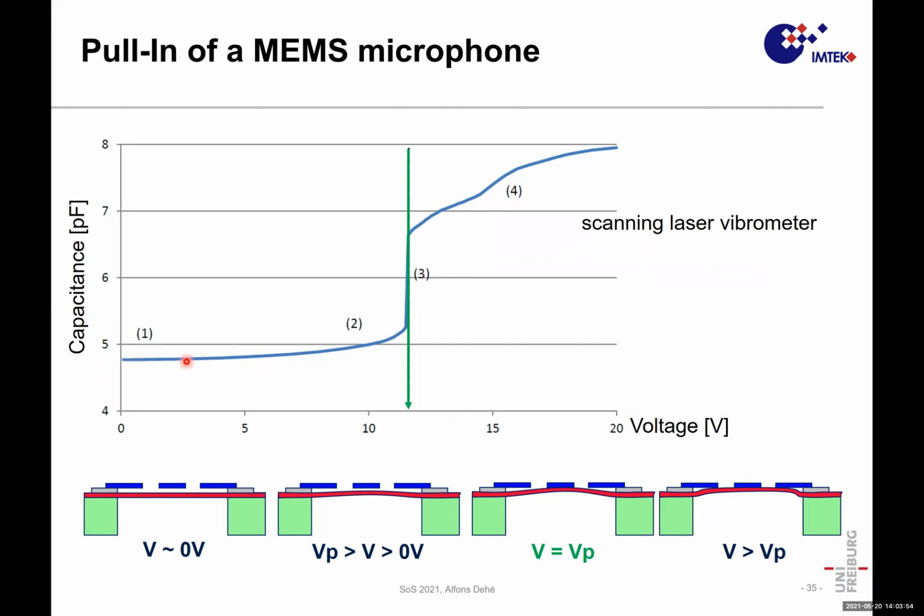If we get higher in voltage, the capacitance is increasing only slightly. Then at the pull-in point, we have already quite some significant air gap change. So the capacitance has increased, but at the pull-in, it is jumping suddenly till it is hitting the back plate. And of course, if we further increase the voltage, we see how the capacitance is increasing because they come closer and closer in the area.